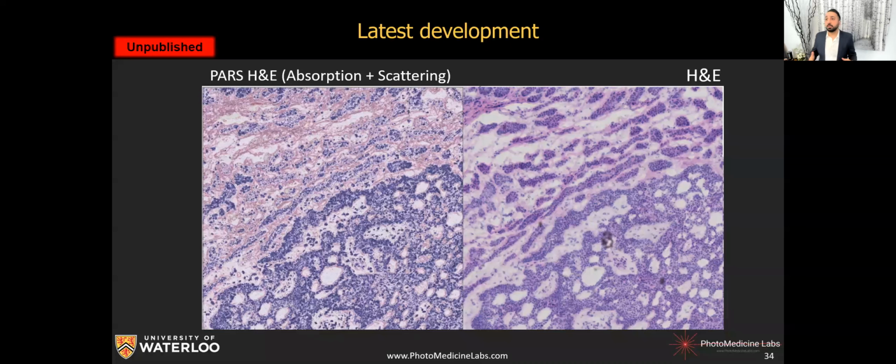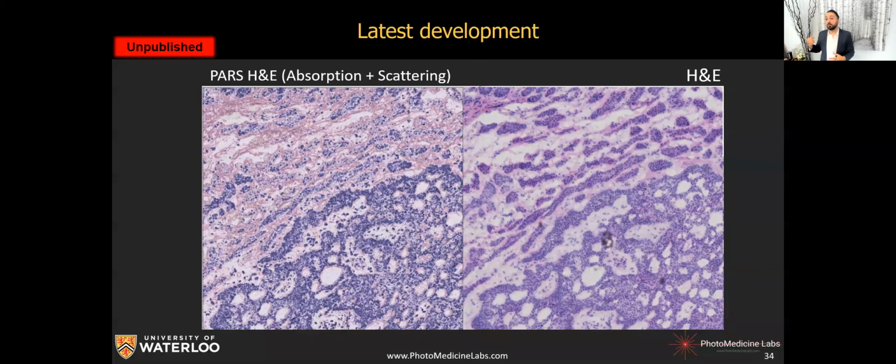I'm going to be very quick here, but so far to get H&E images, we use 2 different excitation lasers. However, as I mentioned, we have a scattering imaging contrast as well. And we took advantage of that fact, because now we can make sure our excitation targets DNA and our detection targets, let's say, cytoplasm.